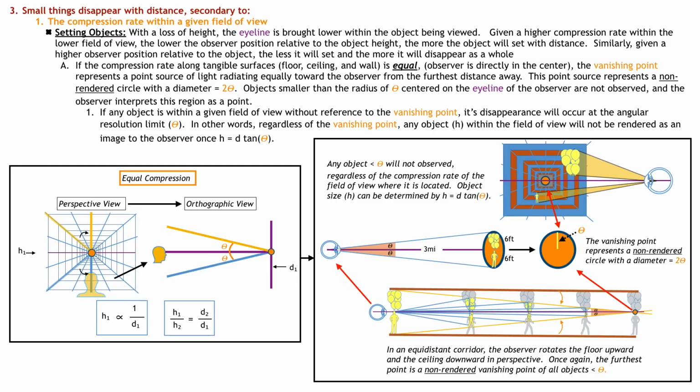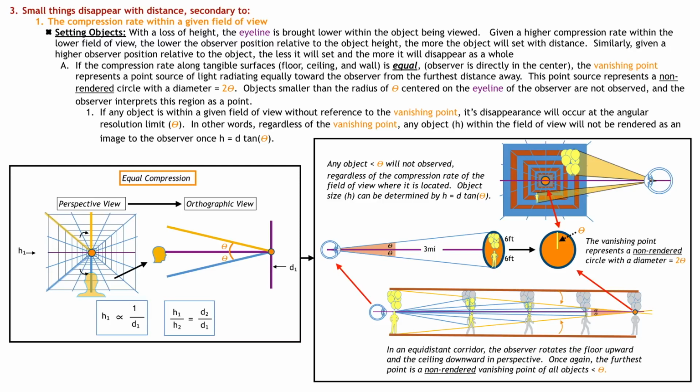So given a higher compression rate within the lower field of view, the lower the observer position relative to the object height, the more the object will set with distance. If that object moves away from you, the more of it will set. Similarly, given the higher observer position relative to the object, the less it will set, and the more it will disappear as a whole.